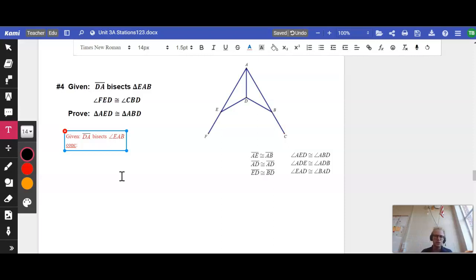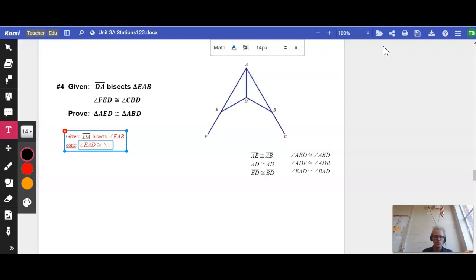What do angle bisectors create? Well, angle bisectors create two congruent angles. So the two congruent angles that we're going to get here are angle EAD and angle BAD. If we're cutting angle EAB in half, that would give us EAD and BAD.